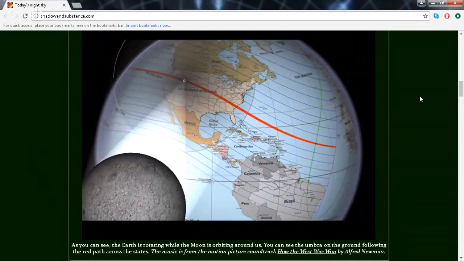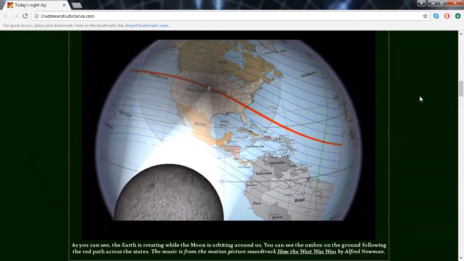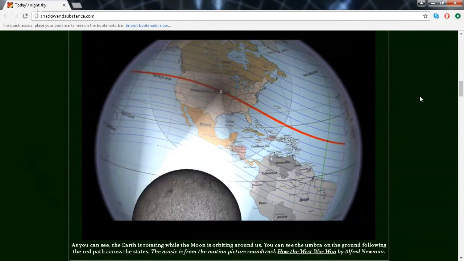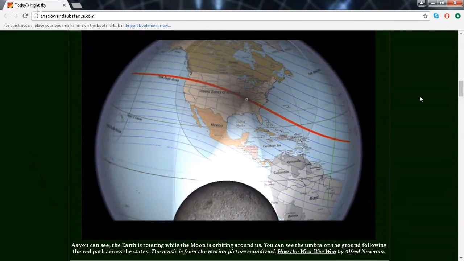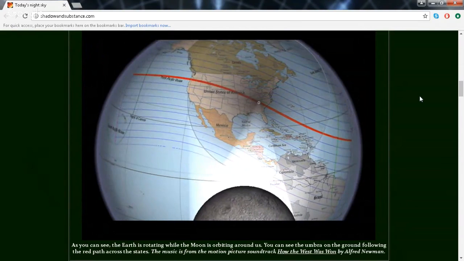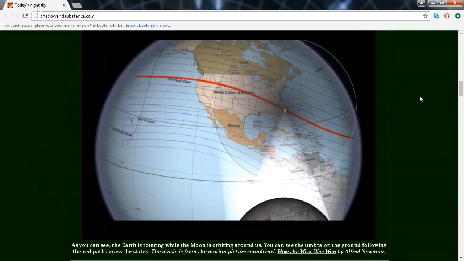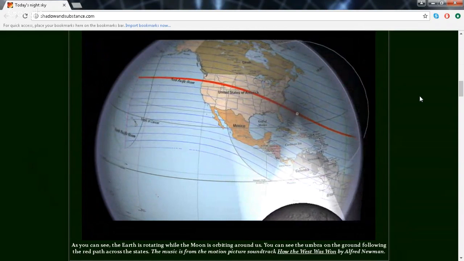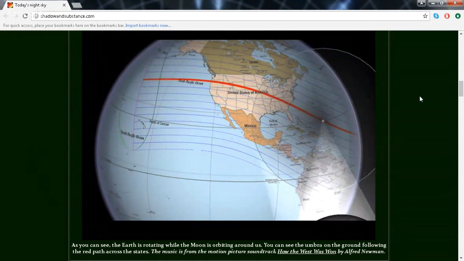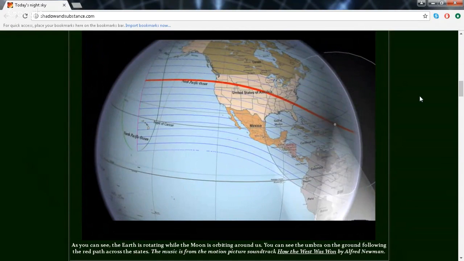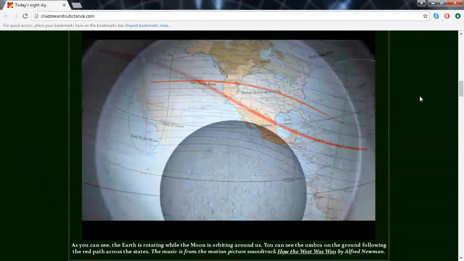Sometimes that's more difficult than one would think, trying to visualize our motion through the solar system in your head, trying to put together that three-dimensional spatial representation of our solar system and how things work. And even myself, being an astronomer and astrophysicist, I ponder these things for hours on end. I'll lay in bed at night and try to picture how our Earth orbits the sun, and how the moon orbits the Earth, and then how the sun orbits the galaxy.